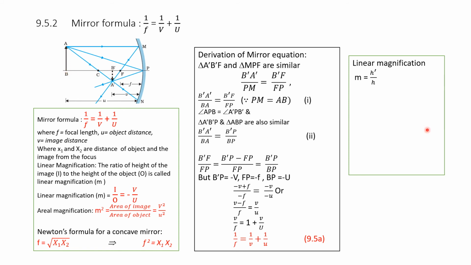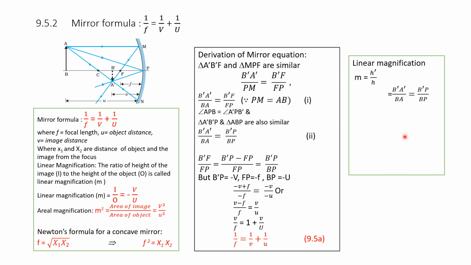Therefore, h is positive, that is equal to minus V by minus U. Therefore, magnification is given by h' by h, that is equal to minus of V by U. This is the linear magnification.